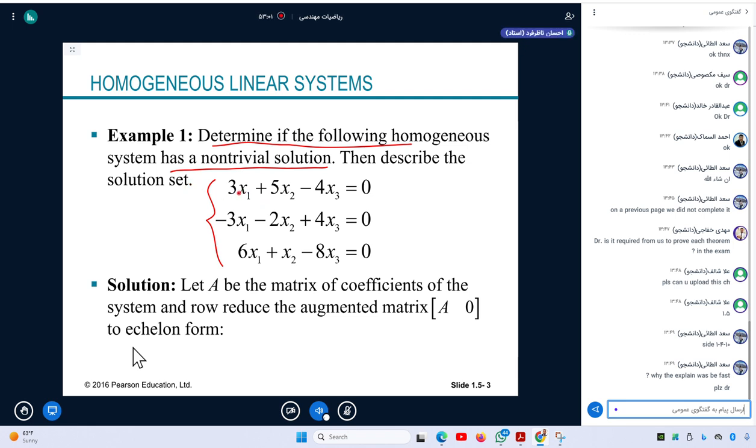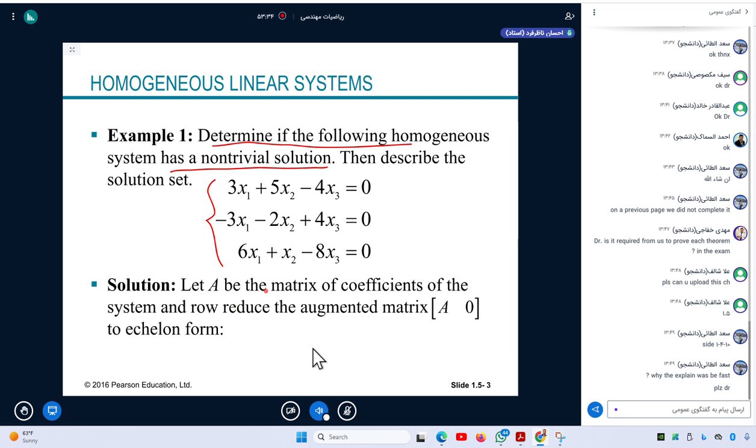Just refresh your mind, this is from the very first subsection that we had, 1.1. So 3x1 plus 5x2 minus 4x3 equals 0. Minus 3, minus 2, minus 4, 0, and the same thing for the third one. So this is given. The question is to find the non-trivial solution for this.